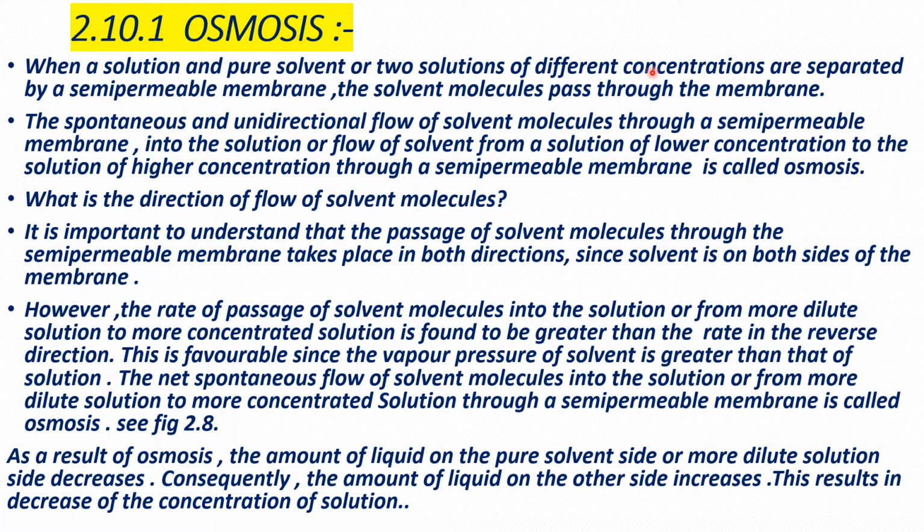That is the spontaneous and unidirectional flow of solvent molecules through a semi-permeable membrane into the solution, or from lower concentration to higher concentration, known as osmosis. Next point, what is the direction of flow of solvent molecules?